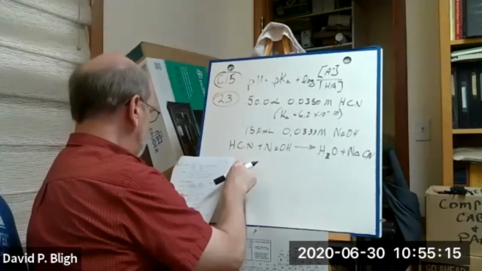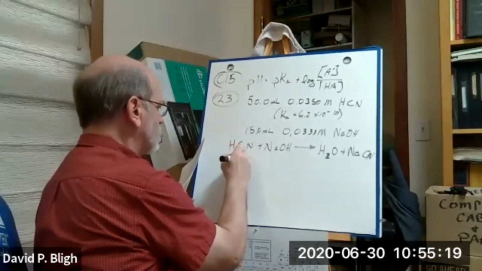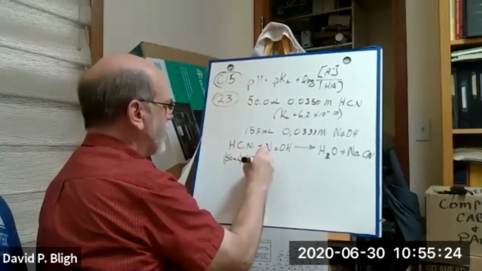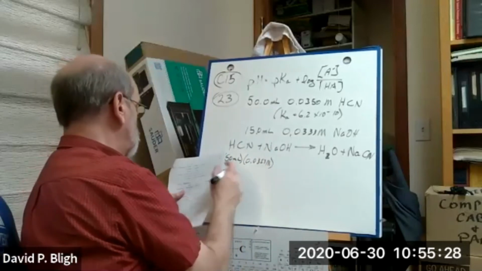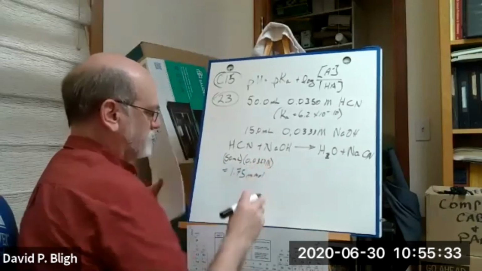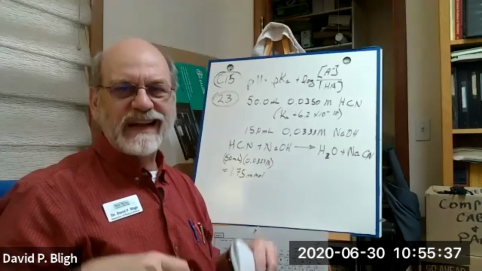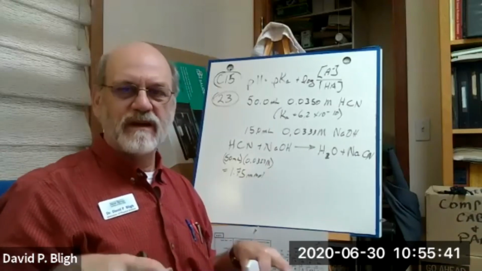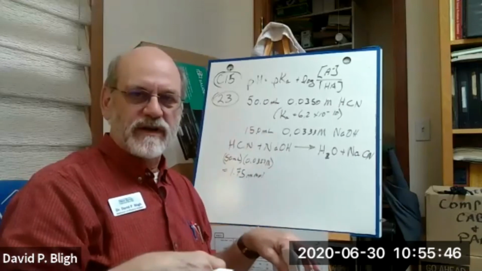So we've got 50 milliliters here times concentration of 0.0350 molar, which is equal to 1.75 millimoles. Did I explain millimoles before? Milliliters times molarity is millimoles. And millimoles divided by milliliters is molarity.